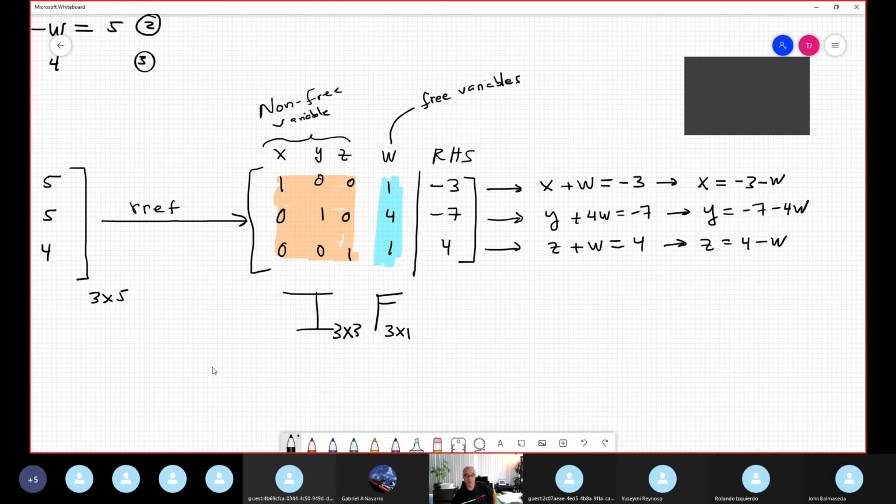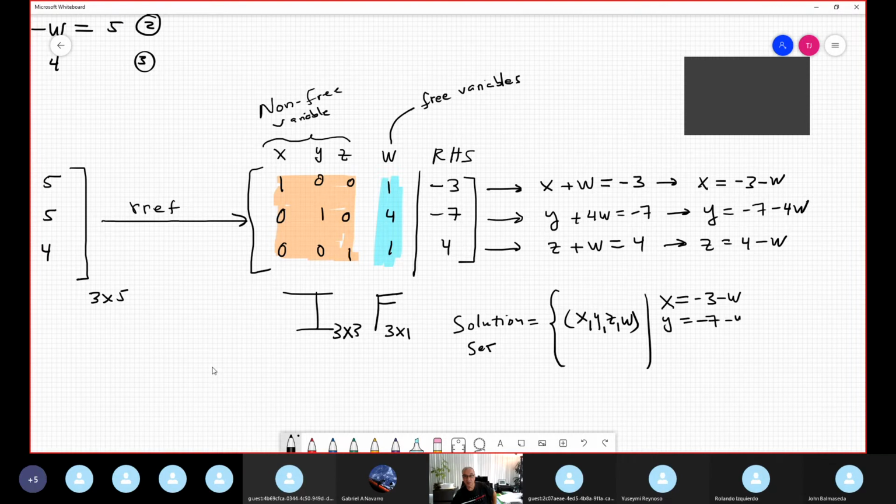Now this is a crucial moment to write the solution set, the solution object. Is this object living in 4-dimensional space? Because it's X, Y, Z, W. Impossible to see graphically. You copy this expression one by one: -3 minus W, -7 minus 4W, and 4 minus W, and W is free.